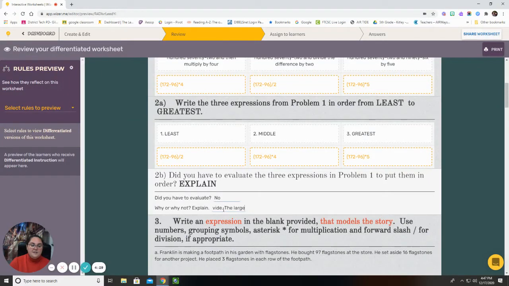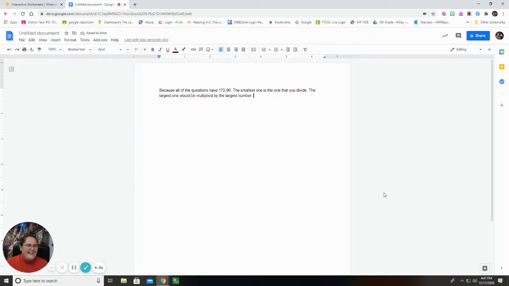The largest one would be multiplied by the largest number. And I think it doesn't show me, which stinks. But I'm going to go ahead and I'm going to copy this for you and I'm going to show you. So I'm going to take what I wrote here and I'm going to copy it. Hold on just a second. There we go. I have it on this page so you can see it.